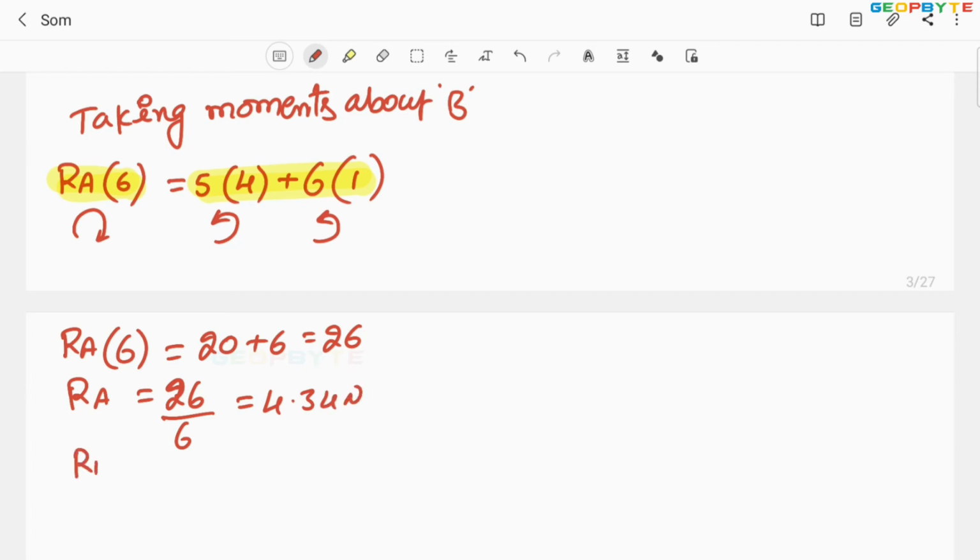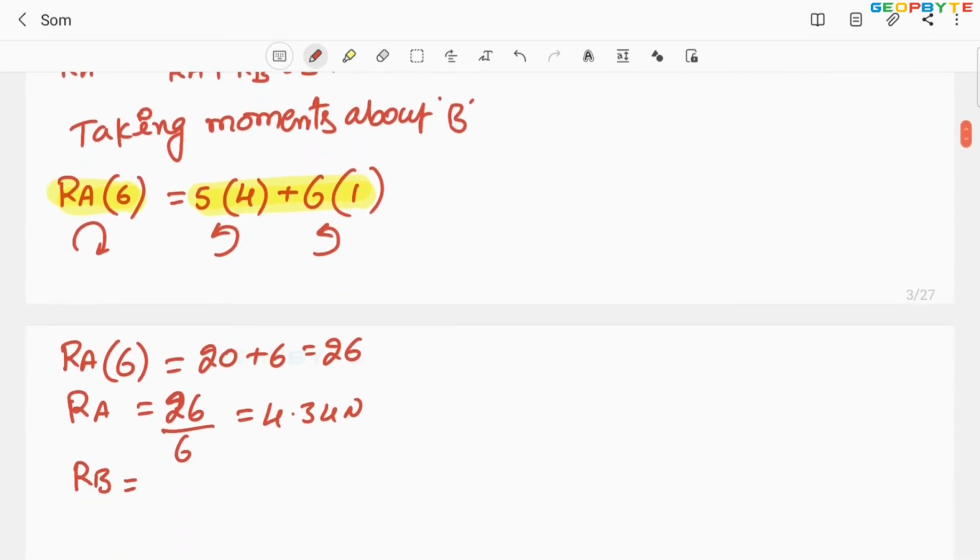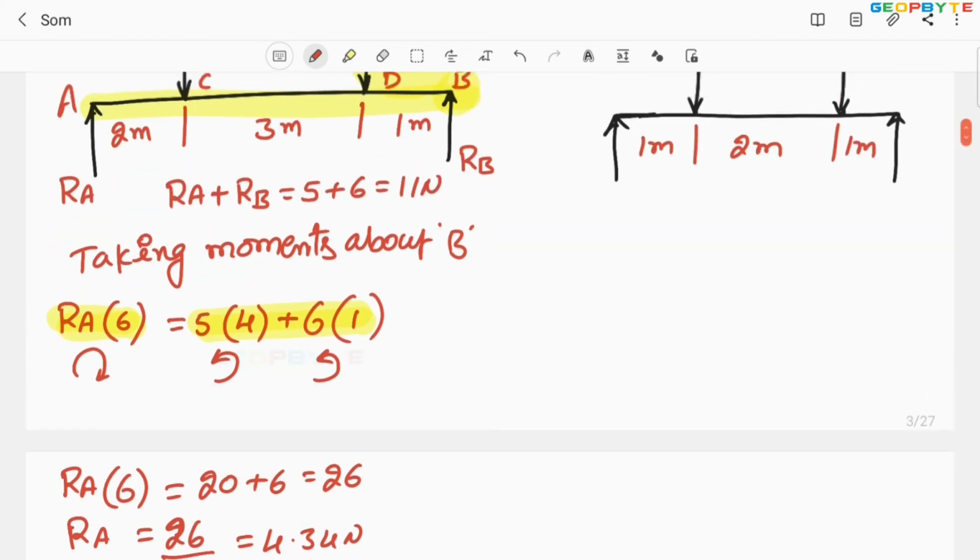Then RB equals the total load, 11, minus 4.34, the answer is 6.66 newtons. So RB equals 6.66 newtons and RA equals 4.34 newtons.